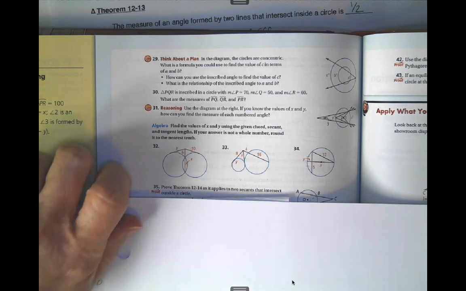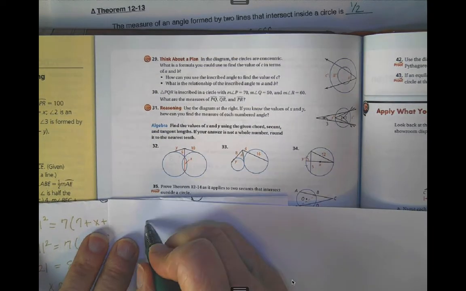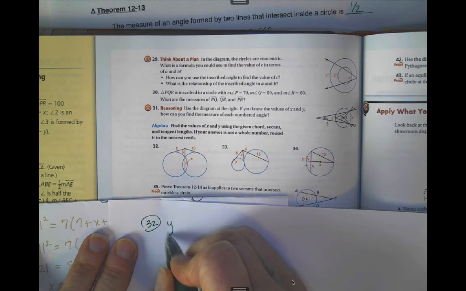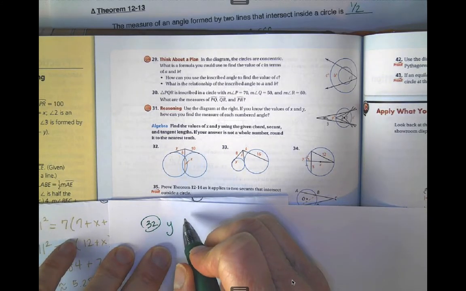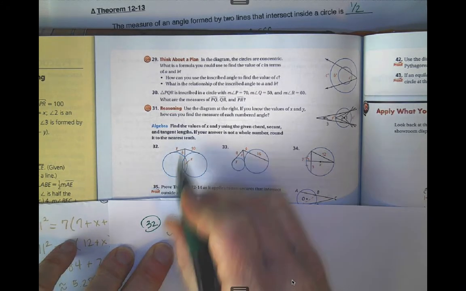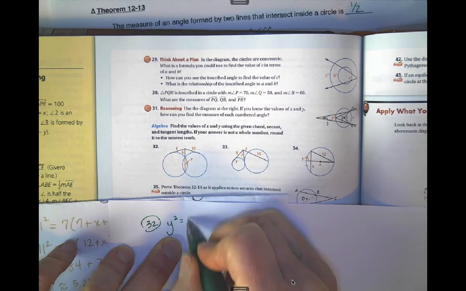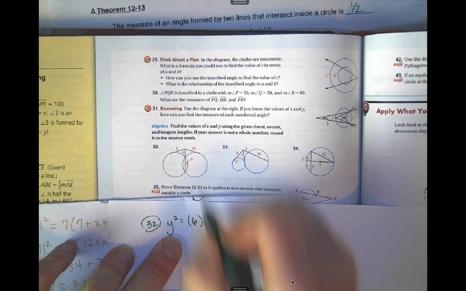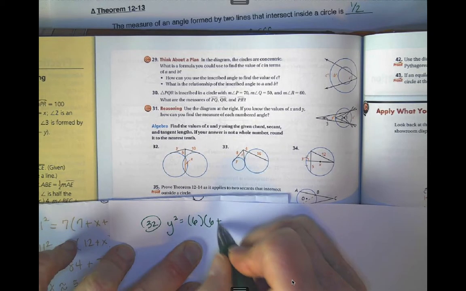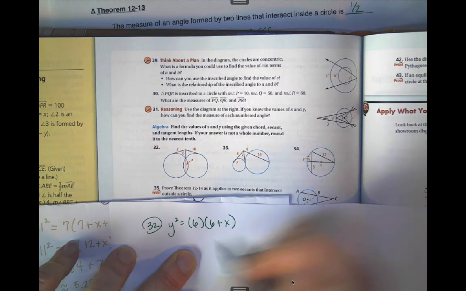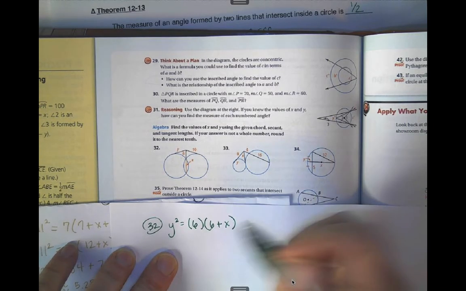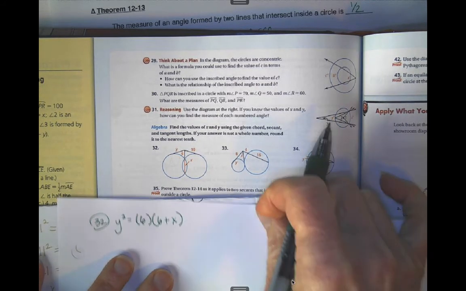Okay, for 32, we could do y squared. So y, point to circle, times point to circle, is equal to point to circle times point to circle. So right now I wouldn't be able to solve that because there's too many variables in there.